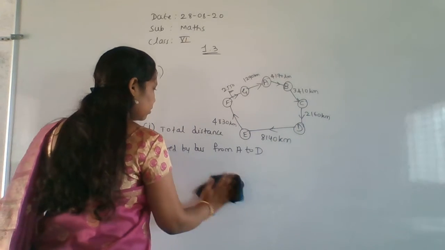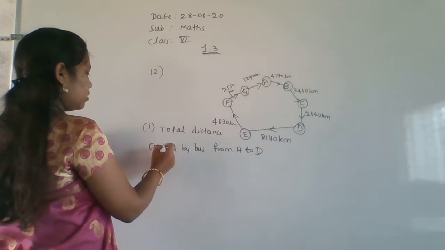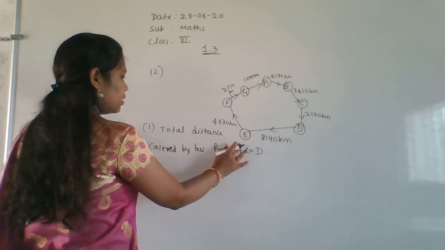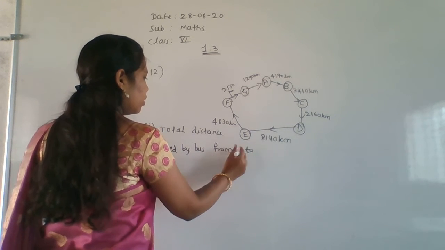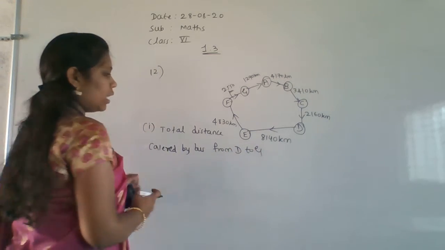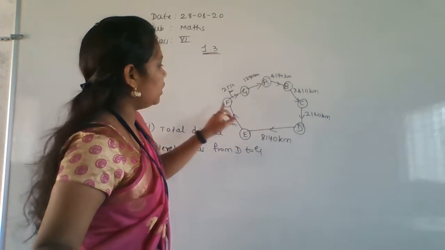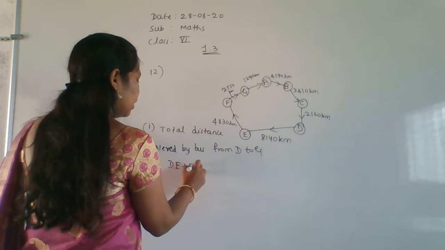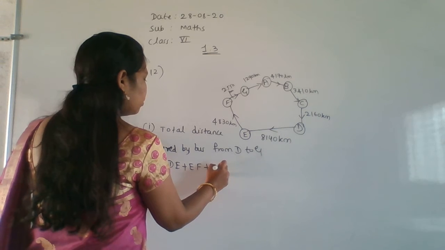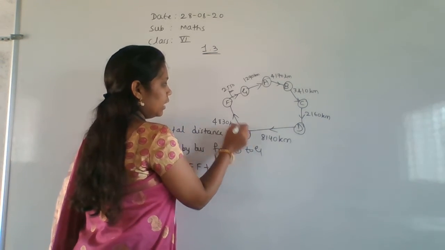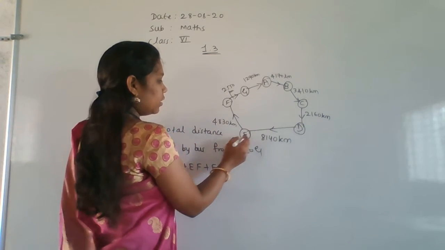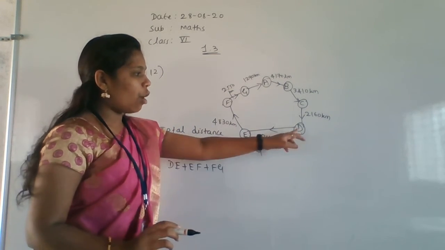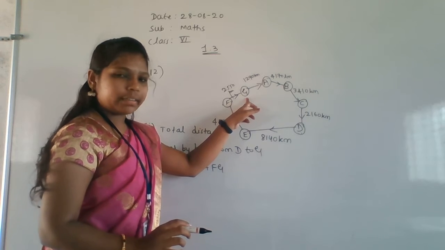Okay, total distance covered by the bus from D to G. What are the things there? DE plus EF plus FG. D, E, F, G. From D to G, you have to find the distance here.